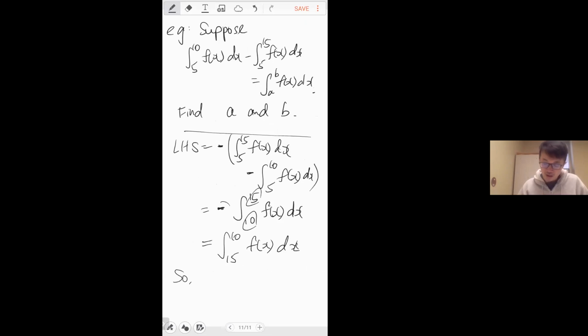So the question says that left-hand side equals the right-hand side. So A equals what? So A equals 15, B equals 10.